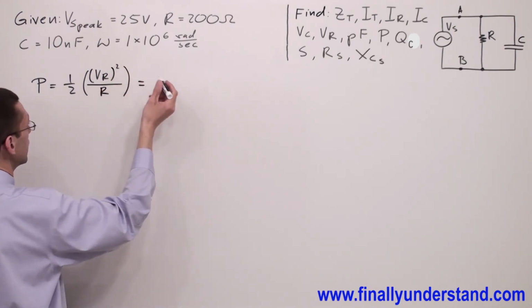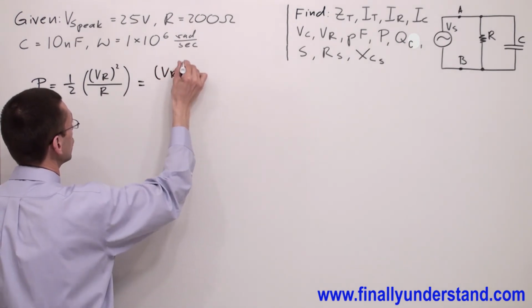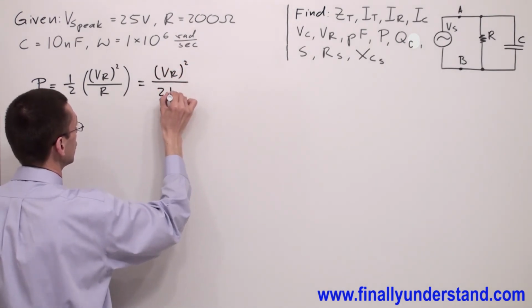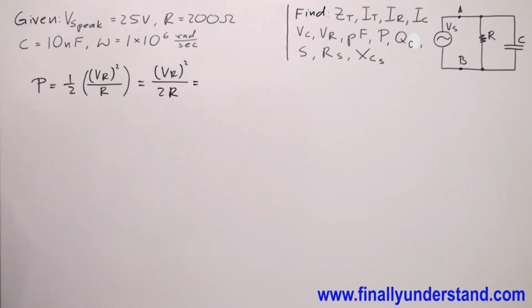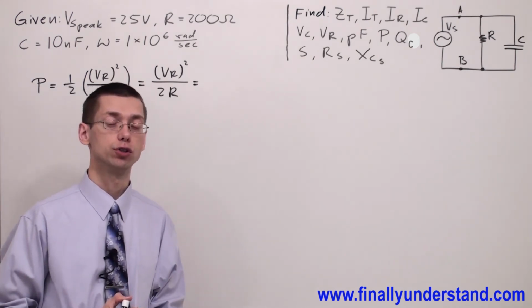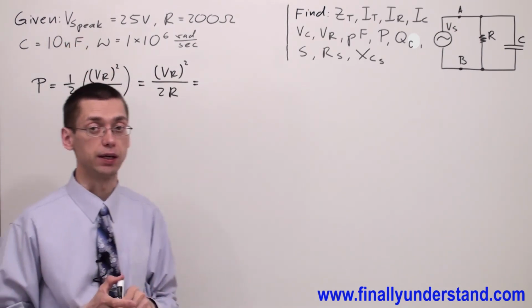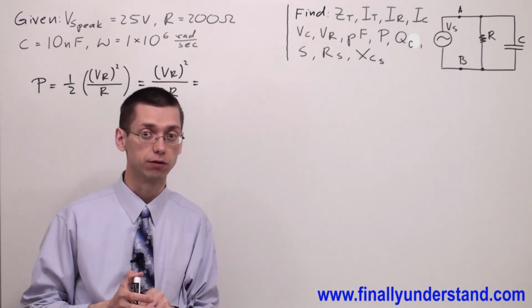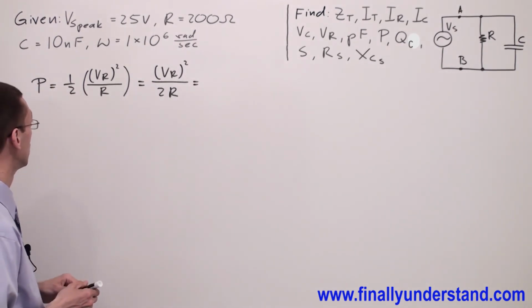In other words, I can say this is equal to VR square over 2R. Okay. Now, again, let me remind you, we have to use 1/2 because the voltage source is expressed as a voltage peak. Anytime we are going to use peak values to calculate the power, we're supposed to always write 1/2.